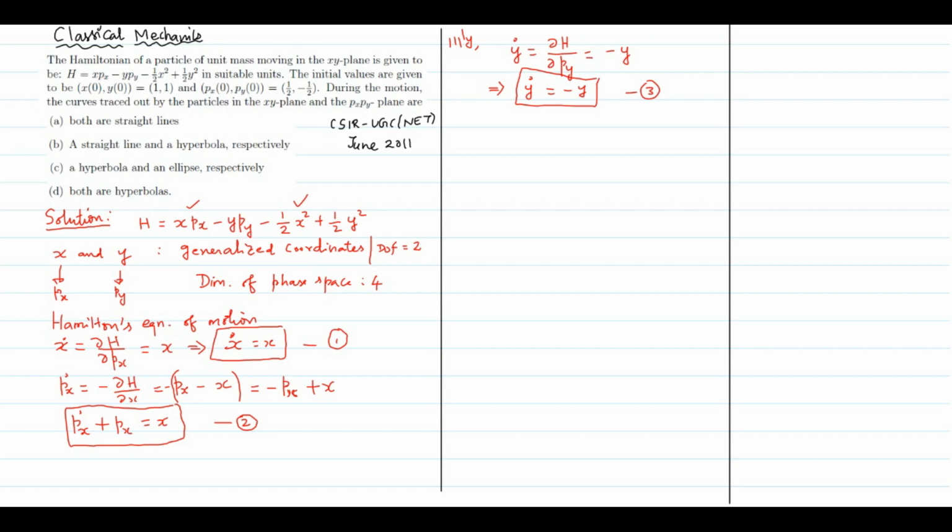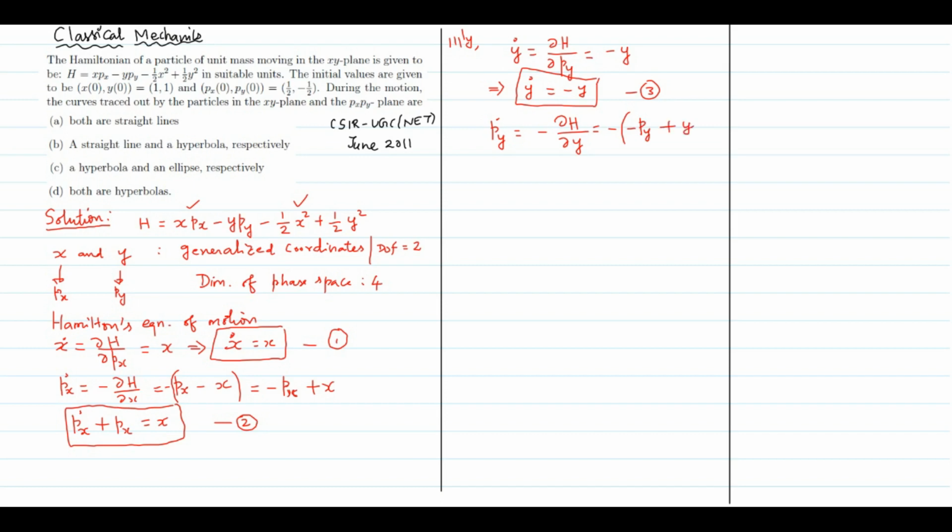Finally, for py dot, minus partial H by partial y: the second and fourth terms give minus of minus py, and the last term becomes simply y.